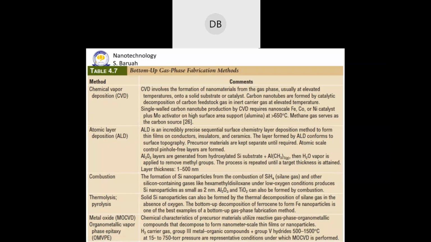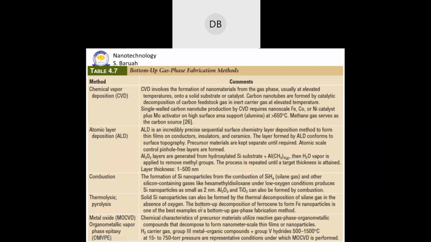Then thermolysis, pyrolysis. That means breaking up because of heat or breaking up because of fire. So ignition, one is heating, the other is ignition, that means you fire it up. We can get silicon nanoparticles by the thermal decomposition of silane gas, which we are talking about here. If we decompose it with excess heat, it breaks up into silicon because the other component gets removed and moves out as a gas.